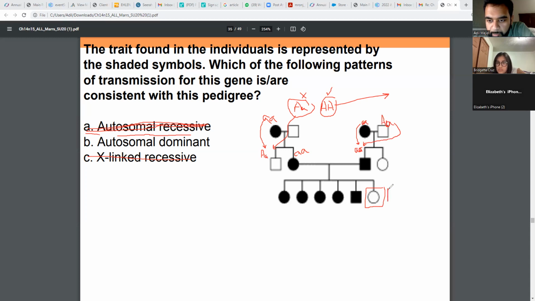That means he can be big A, little a, or big A, one of the two. But it's impossible for him to exist because one parent was little a, the other parent was also little a. They can only give little a's. Where did this big A come from? It can't exist, right? So that's how we disproved that it can't be autosomal recessive.